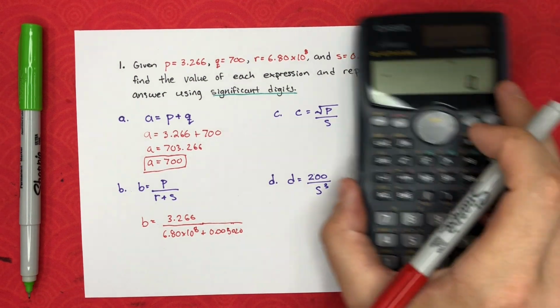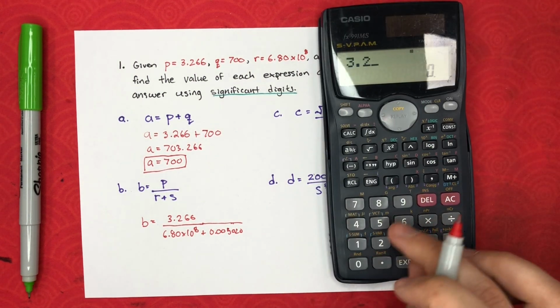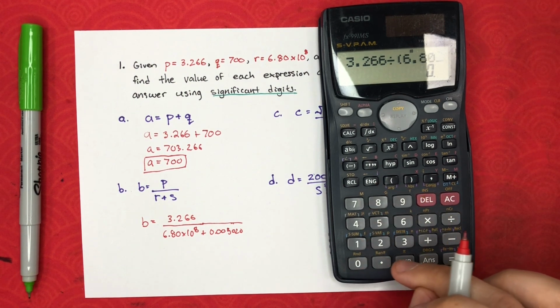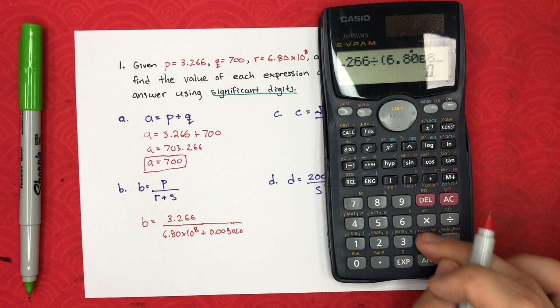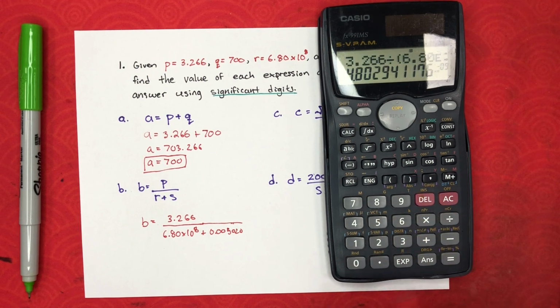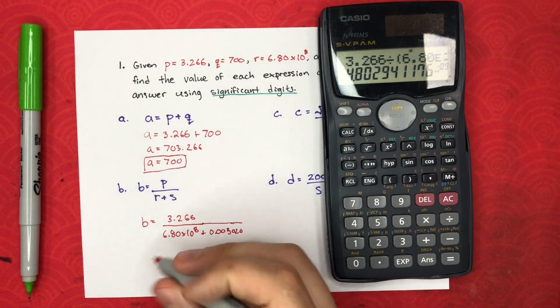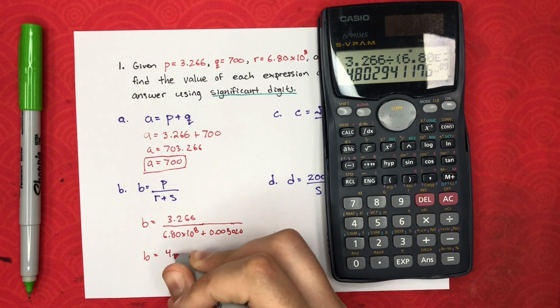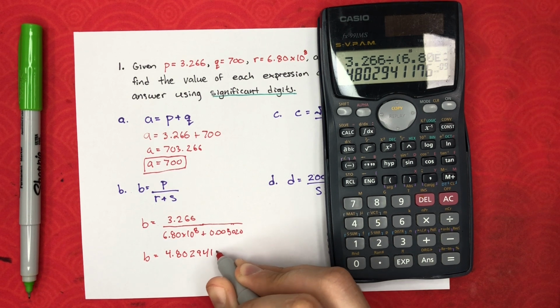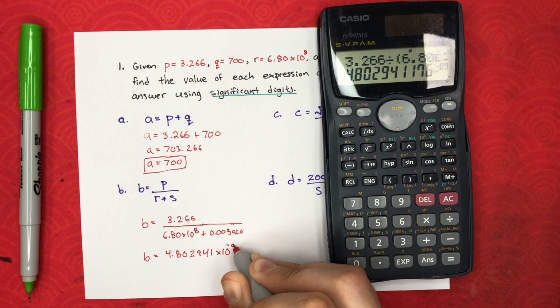If we put this into our calculator, we're going to get 3.266 divided by 6.80 times 10 to the 8 and 0.005020. And our answer will be, as shown on the calculator here, B equals 4.802941, etc., times 10 to the negative 9.